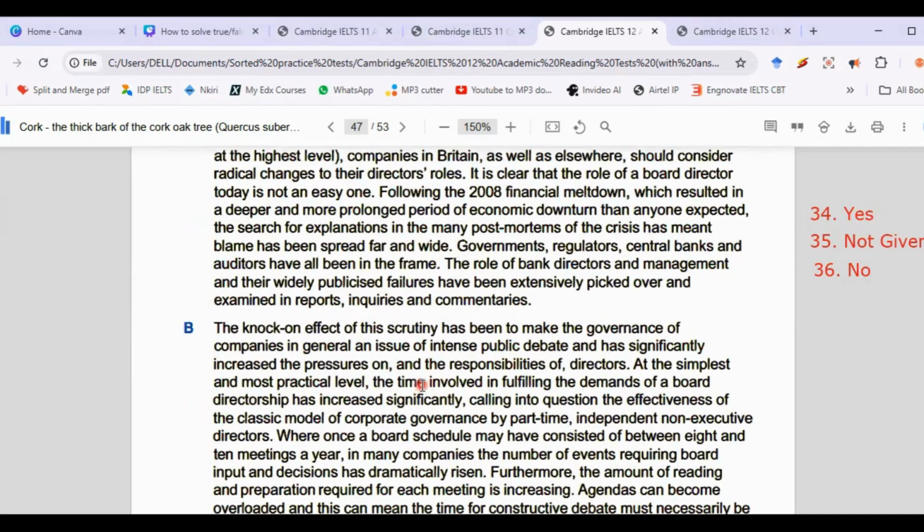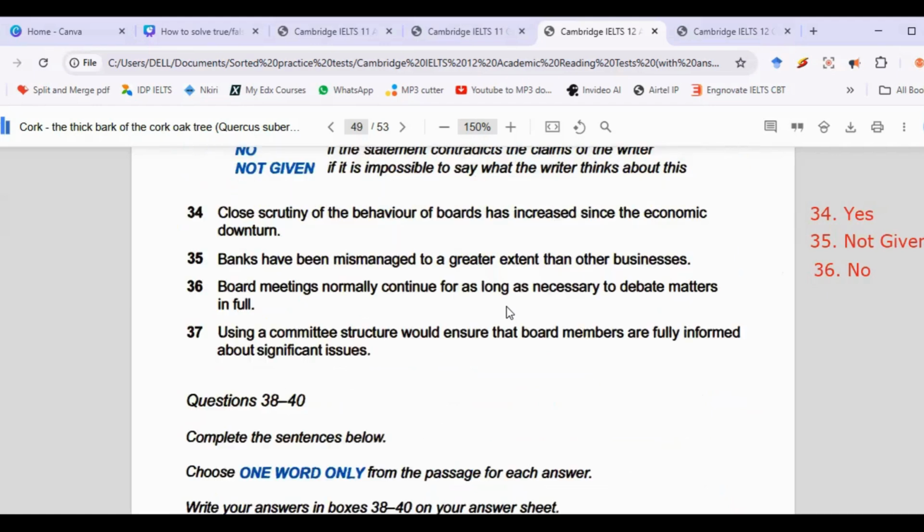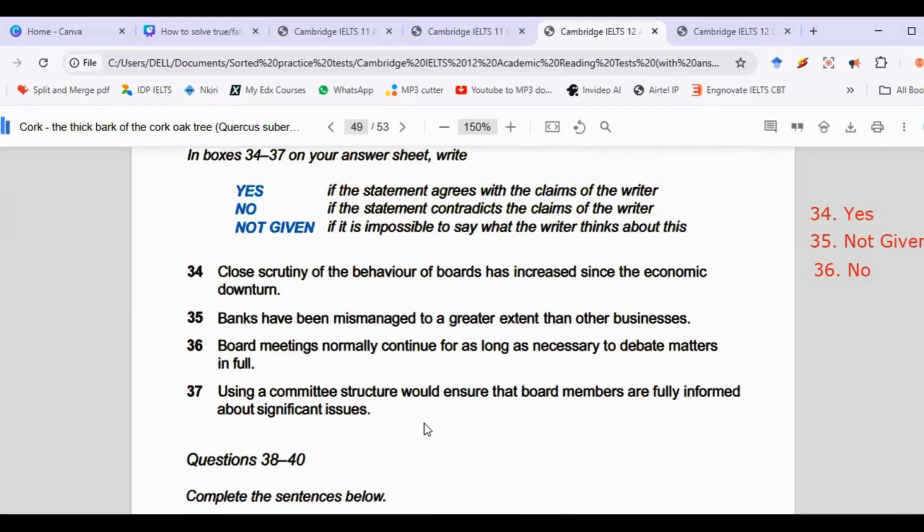Let me highlight it again. This place, let me copy it and paste it. So if I paste it here, ladies and gentlemen, it's for number 37.